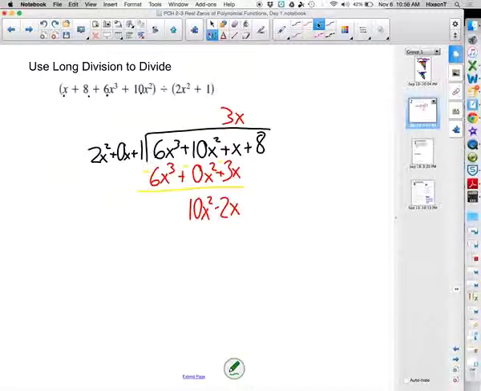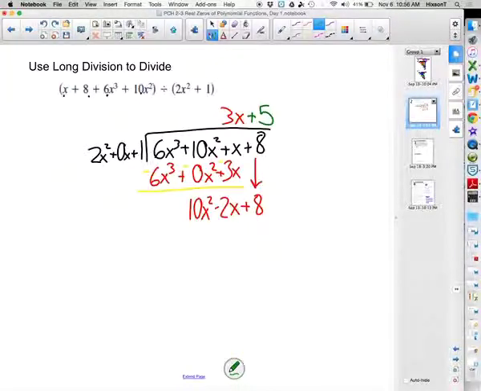Now we need to divide that part. And actually, I almost forgot, I'm going to bring down my 8. So I have this plus 8. Now I need to divide this part by the 2x squared plus 1. So what's going to go up here? Just a 5. So plus 5.